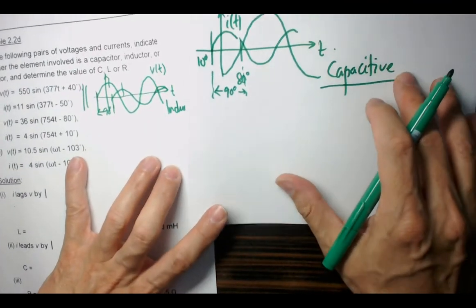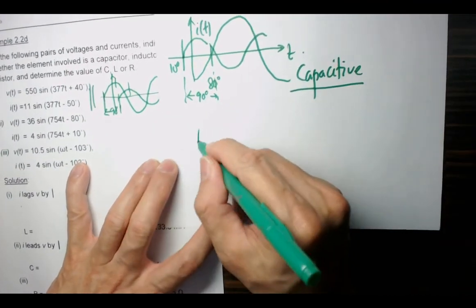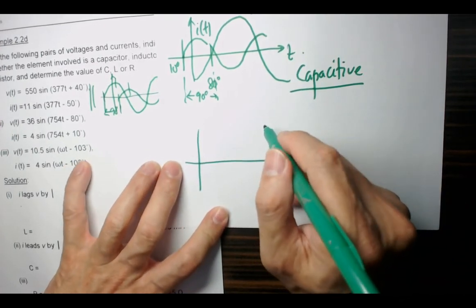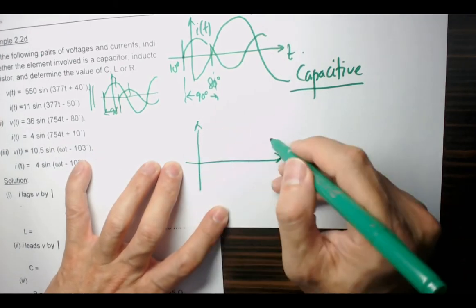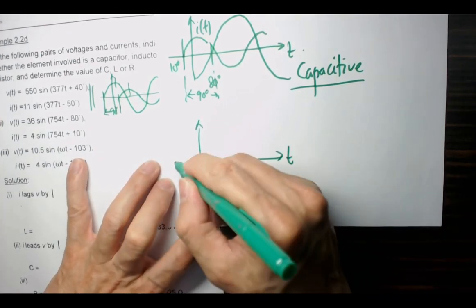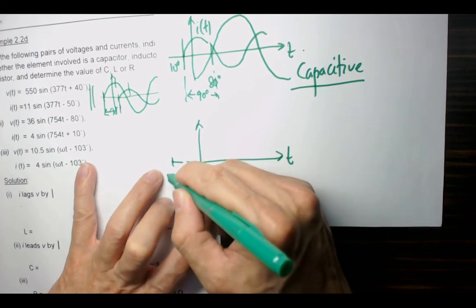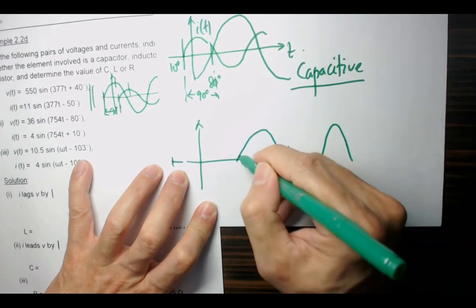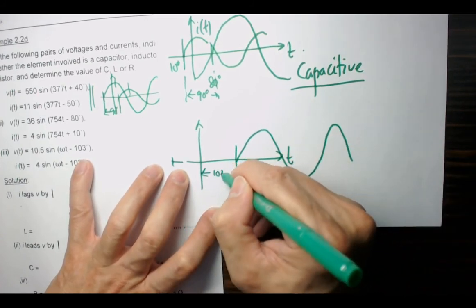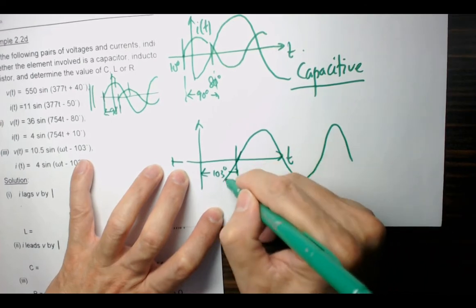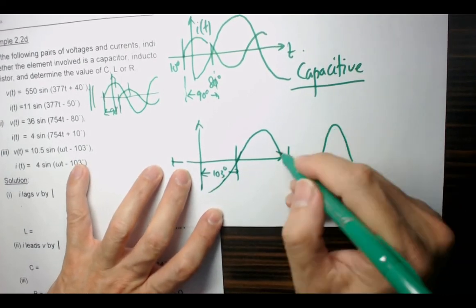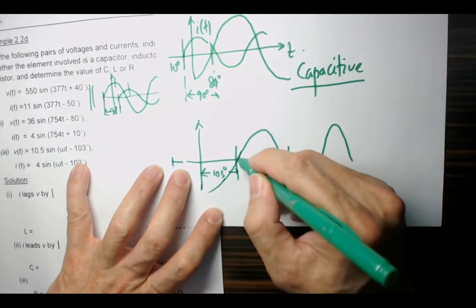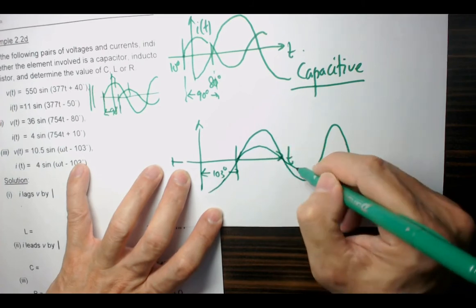And finally, the last waveform, they are in phase because they both have a lag of 103. 103 means at this point, at this point here, this point is 103 degrees. Right? The current similarly is the same thing, but the current may be in the same phase, but it may be at a lower magnitude or something like that.